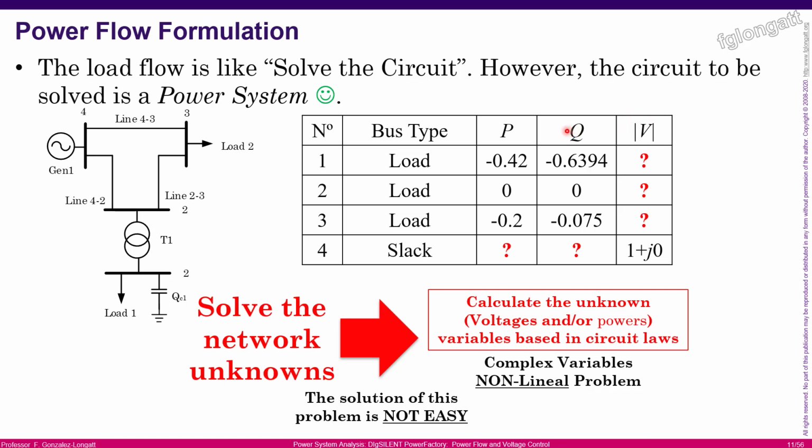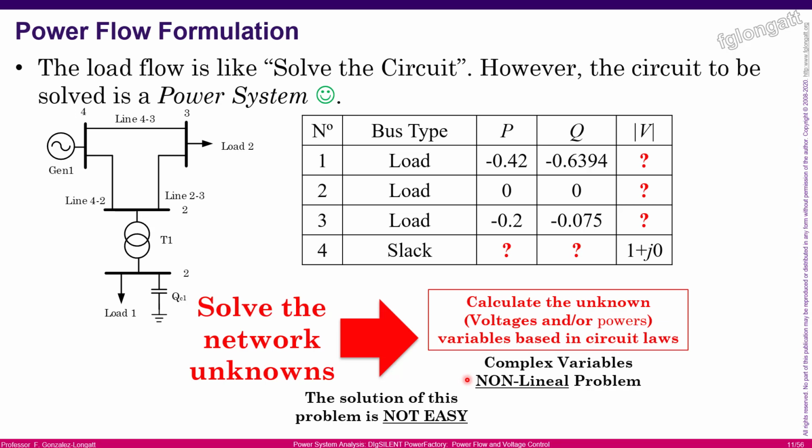We know this power or load flow because the variables, the relationship is, the physics is between power and voltage, okay? However, I must be honest, in this case the problem is a bit more complicated compared with the classical circuit analysis. One of the first reasons is, well, we are using complex variables.